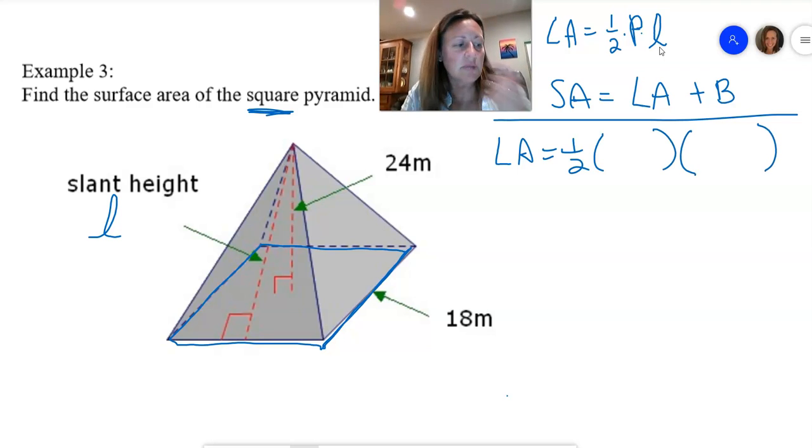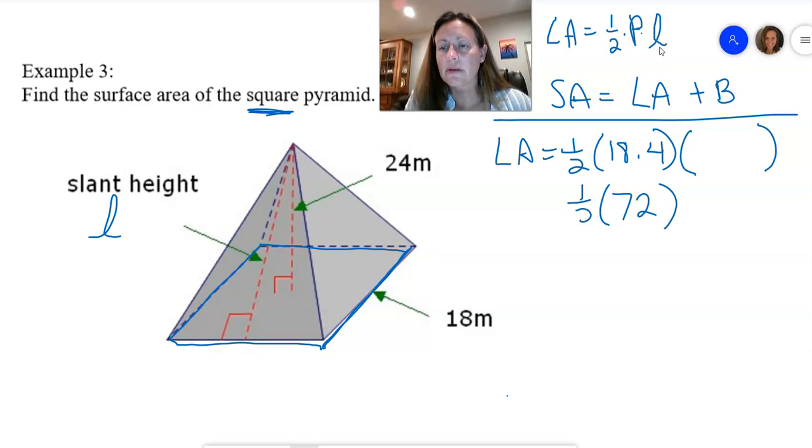The perimeter is just going to be 18 times 4, which is, sorry, 72. Filling that in.